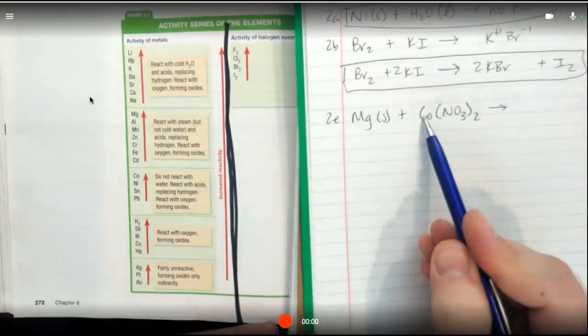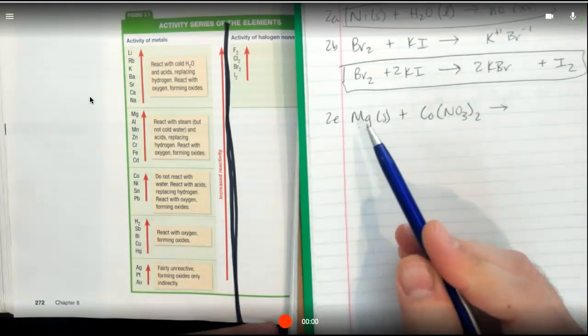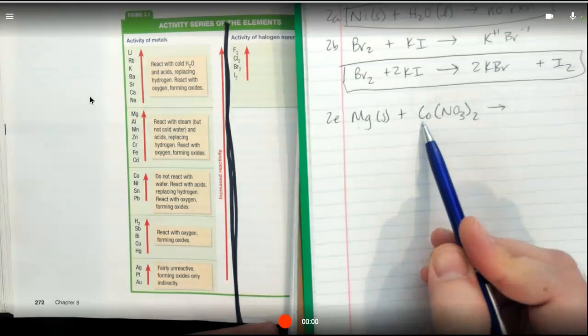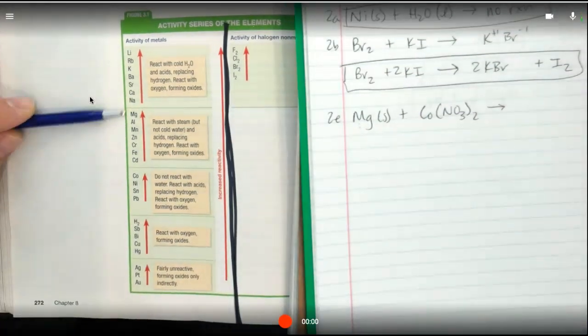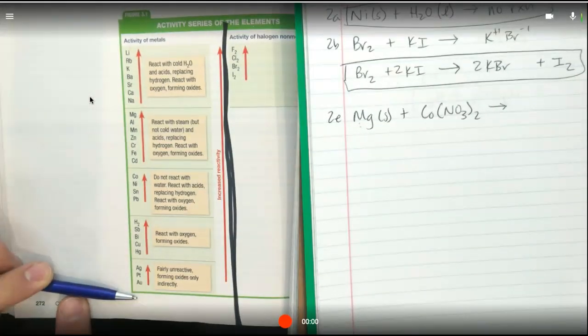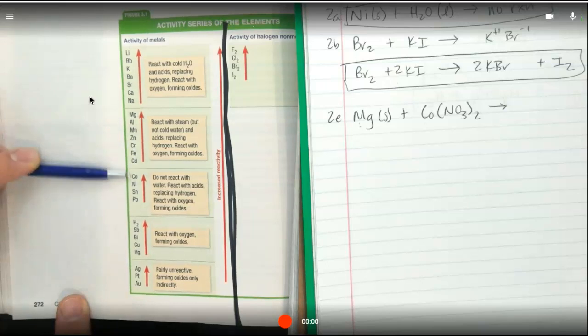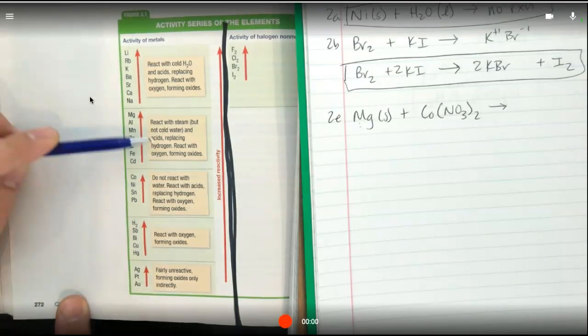It's trying to replace cobalt. Cations replace cations. Magnesium's a metal. When it's an ion, it has a positive charge. It's a cation. It's trying to replace cobalt here. So we find magnesium on our activity series. Magnesium can replace any of the elements below it. So cobalt is below it, so magnesium can replace cobalt.